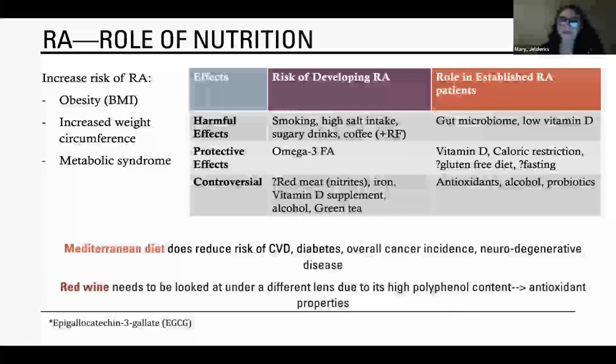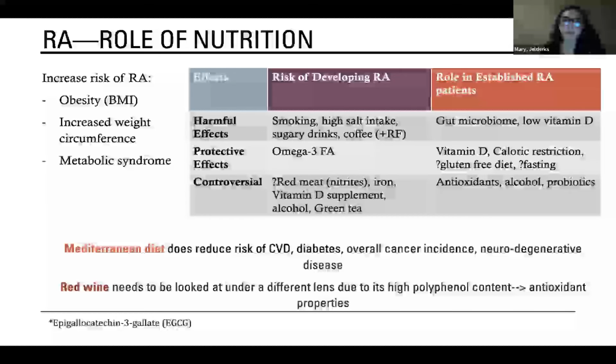On the right-hand side, in patients with rheumatoid arthritis, what do we know? Harmful effects. We do know that the gut microbiome plays a tremendous role in the entire health of our bodies, and especially our immune system. We almost have to look at it as a complete organ of itself that has an interesting chemical makeup and way of communicating with the rest of our body.